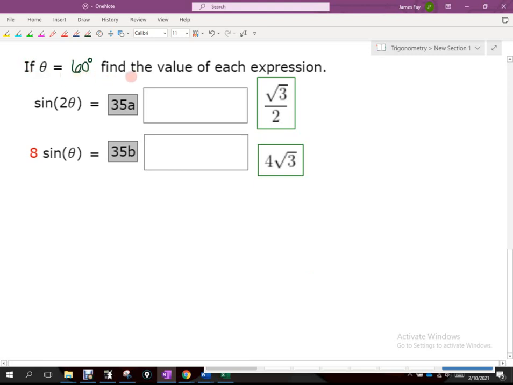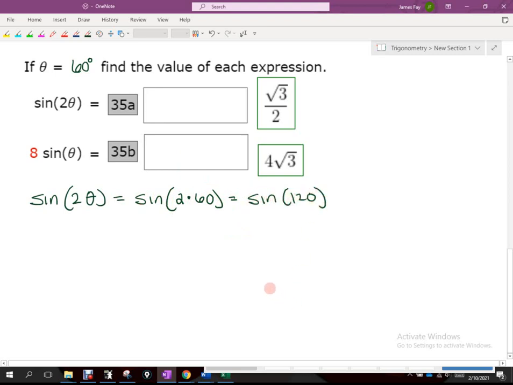If theta is 60 degrees, find the value of each expression. Well, when it says sine of 2 theta, we just said theta was 60 degrees, right? So we're really asking what is the sine of 120. Does that make sense to everybody?